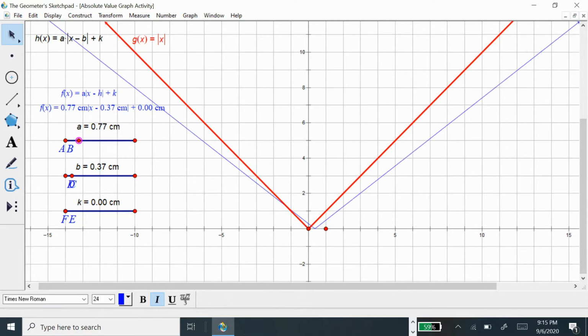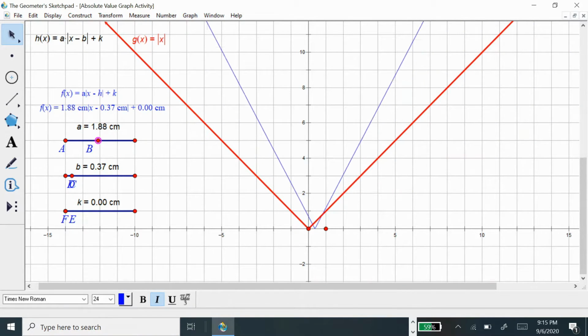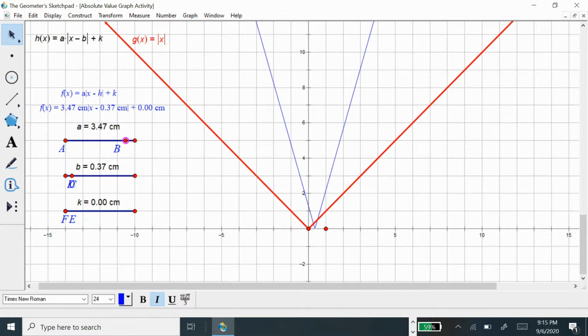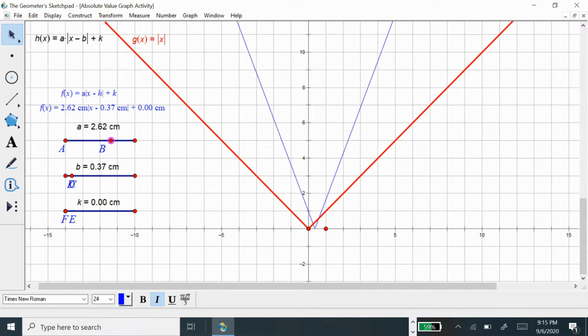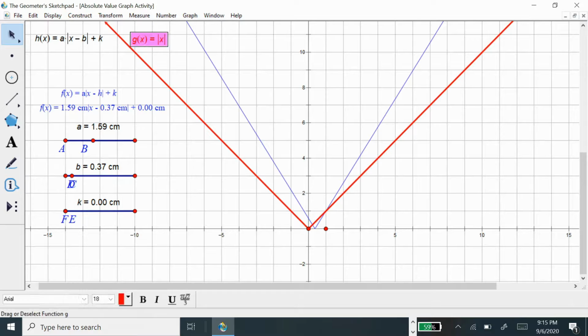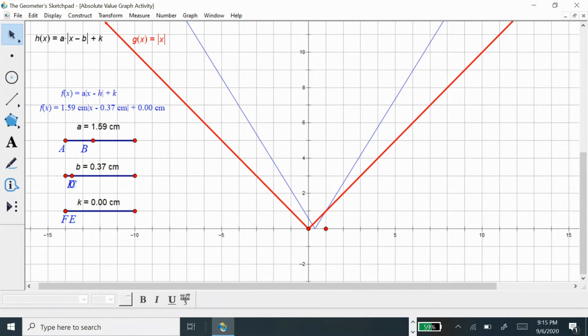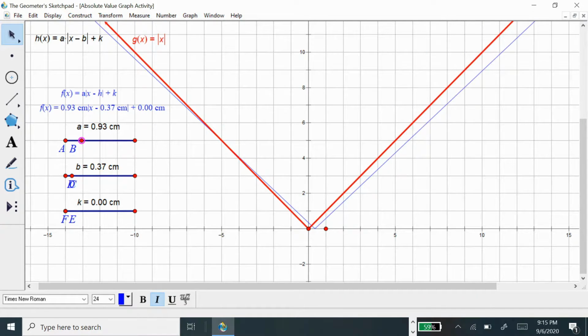And as I increase the values of a, then it becomes narrower and more narrow. And remember, the red one represents the original function in its parent form where a is equal to 1. So if I drag this to a equals 1, what you see is that the blue line will come closer and closer to the red line.